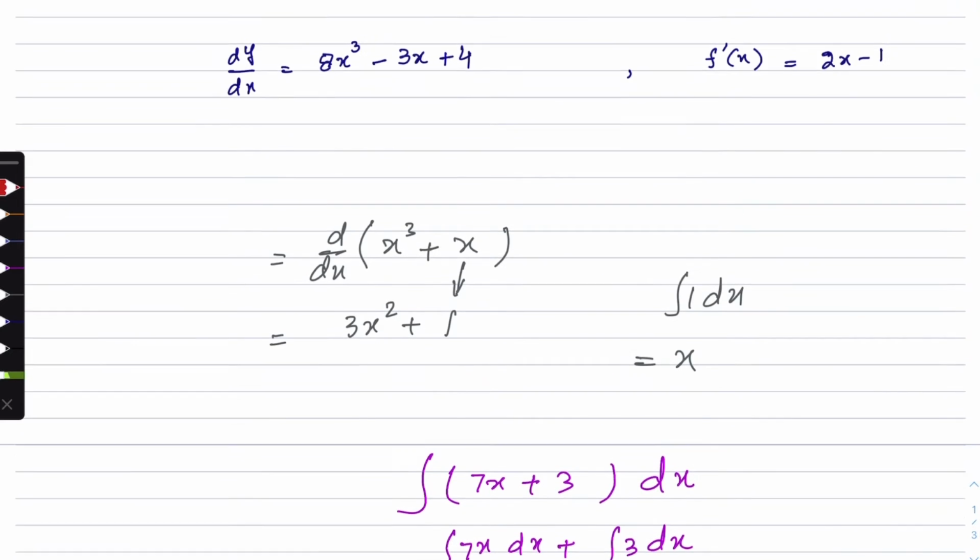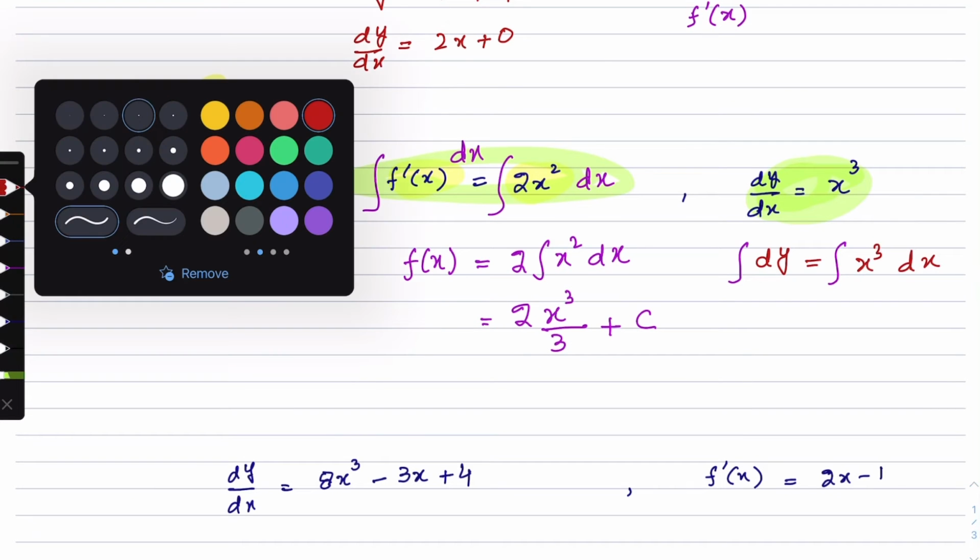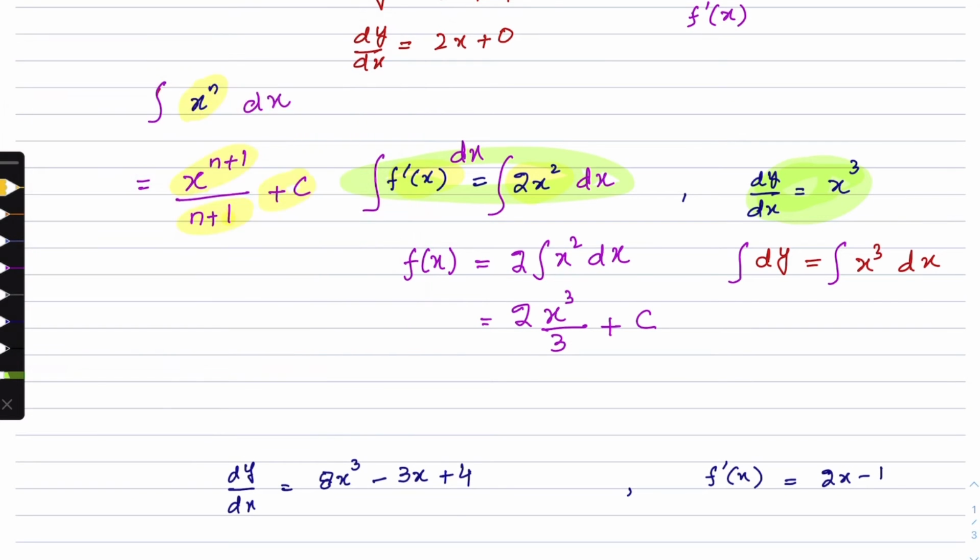How do we integrate the sum of functions? Now I'm going back to where we reached. Just look at this, and now we will find the integral of this. So what is the integral of 1 with respect to dy?